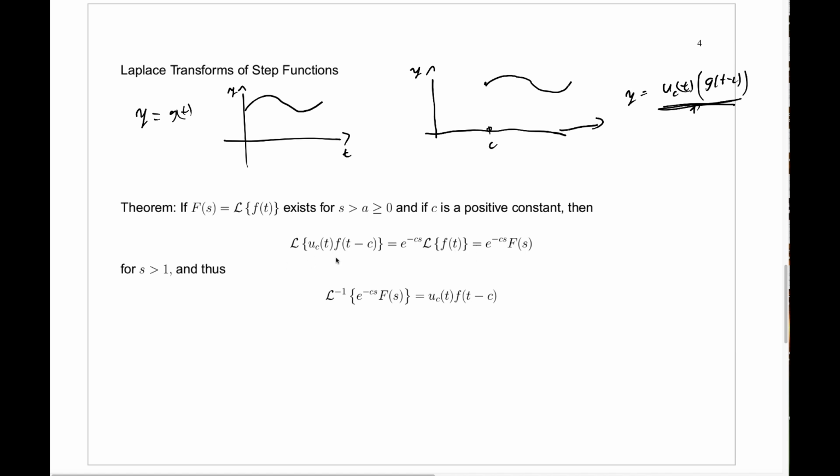So the Laplace transform of this kind of shifted function is just e to the minus cs times the Laplace transform of our original function.